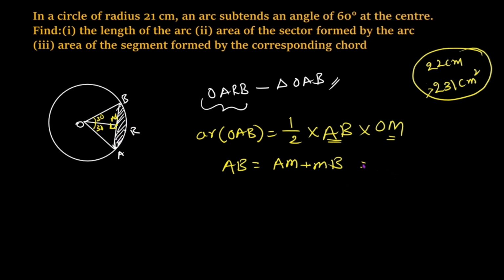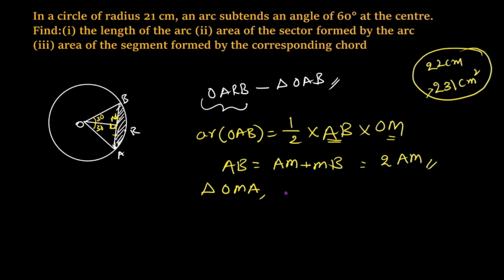Both are congruent triangles. So you can write 2 times the AM distance. If you take the triangle OMA, we have the 90 degree angle at M. So how to calculate this distance? We need to know OM distance and the AM distance, right?